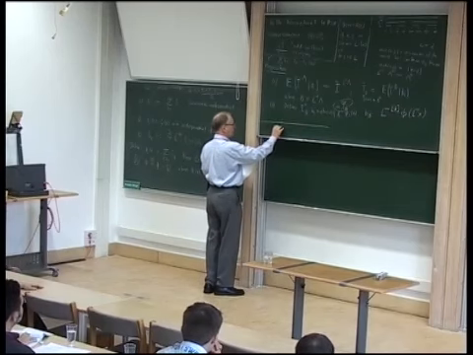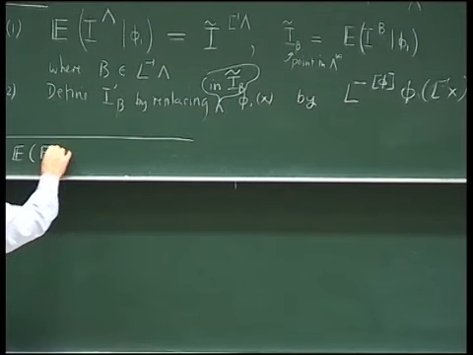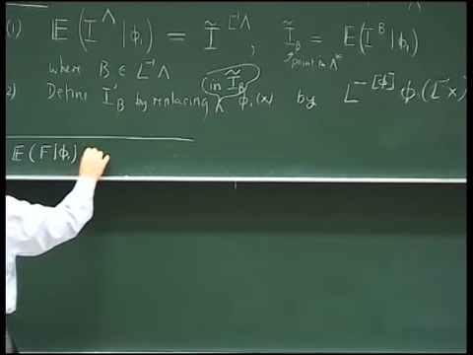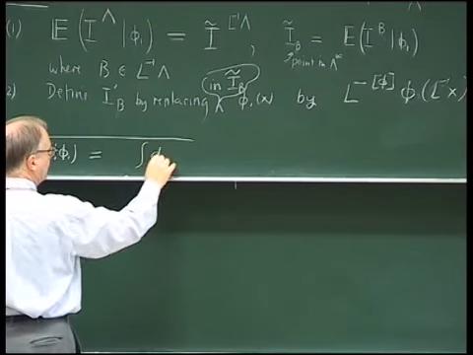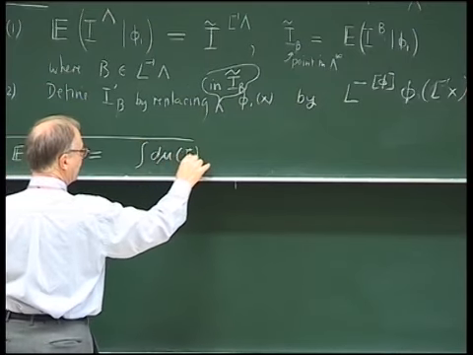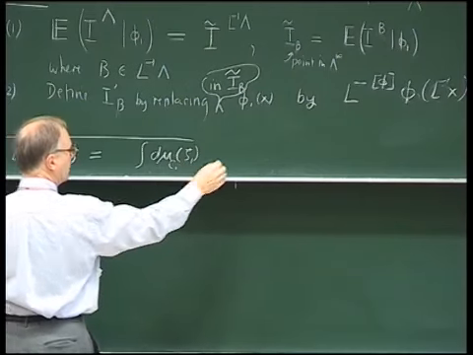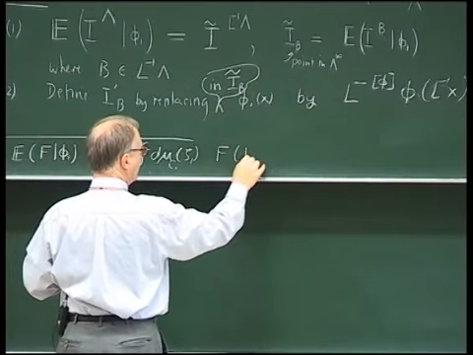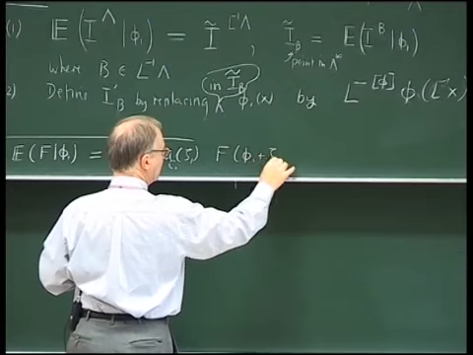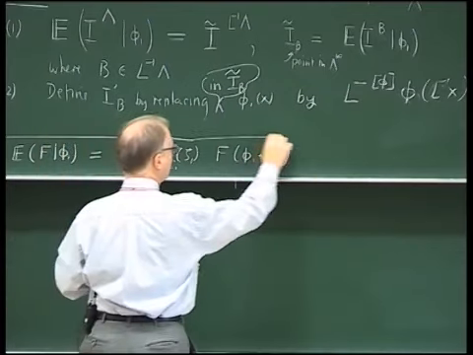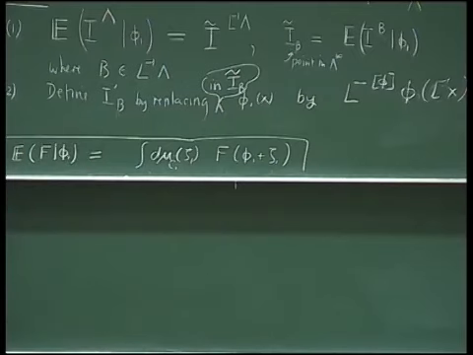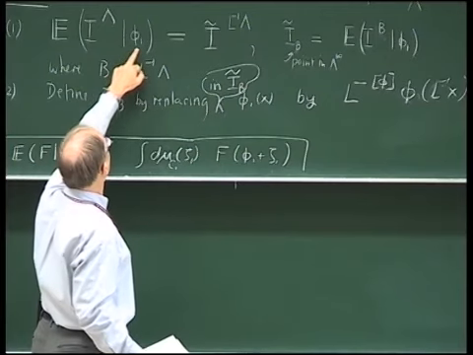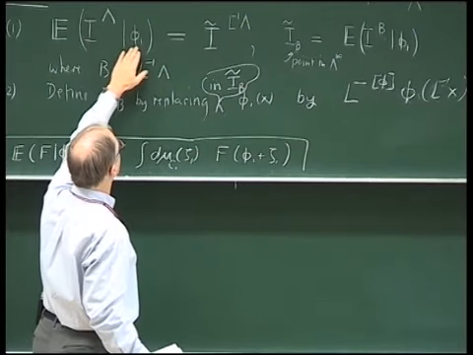Concretely, taking the expectation of a function holding phi 1 fixed is exactly the same as doing the integral over zeta 1 of f of phi 1 plus zeta 1. So this is a function of phi 1 after you've integrated out zeta 1.